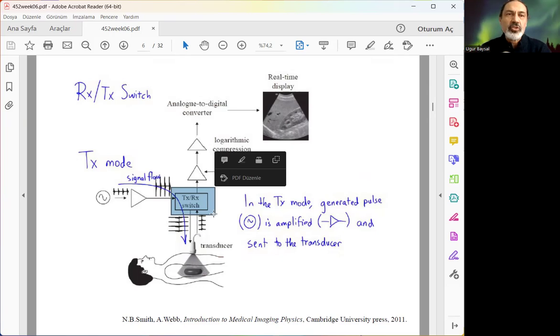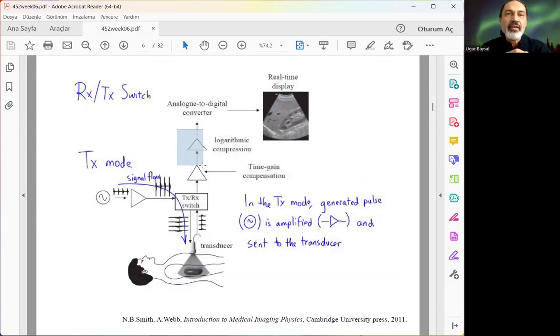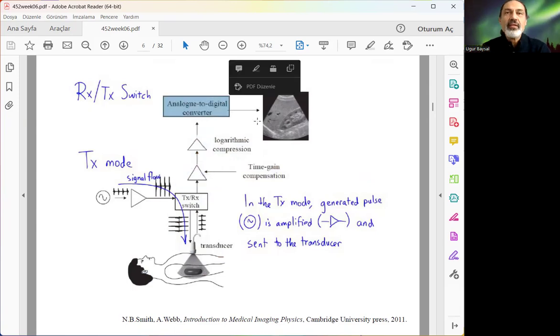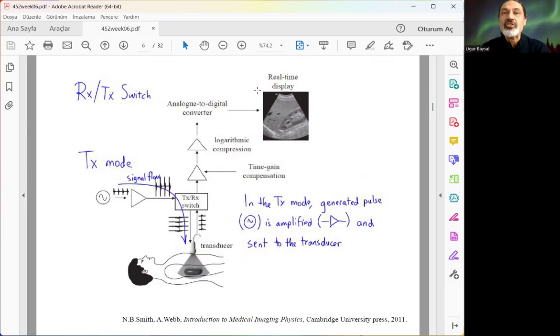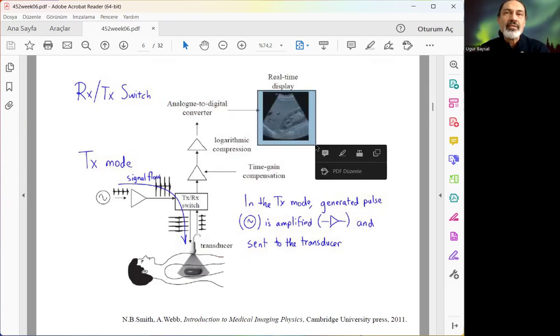Transmit and receive switch. So from the left side, there's an oscillator creating over 100-volt peak pulses in the ultrasonic pulse generating mode. This is the transmit moment. And then after a certain time, this multiplex switch selects the received pulses to send into another channel to be pre-amplified and then processed and then analog-to-digital converted, then stored in the computer environment or digital environment, which also has the display.